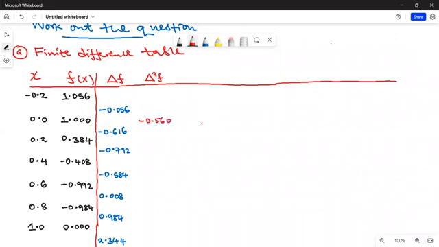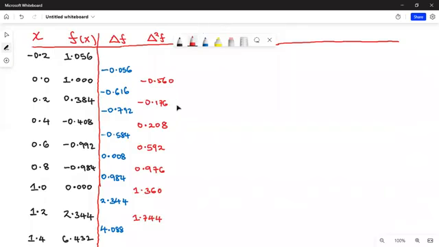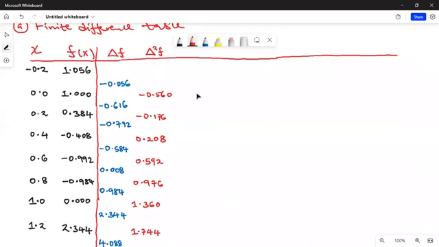Again, negative 0.792 minus negative 0.616 will give us negative 0.176. We write it here, negative 0.176. So proceed with the same subtraction up to the end. So these are the values under the second order difference column.